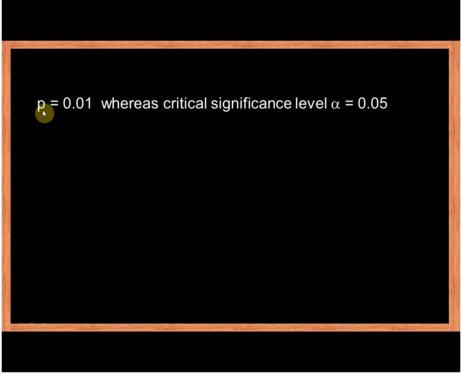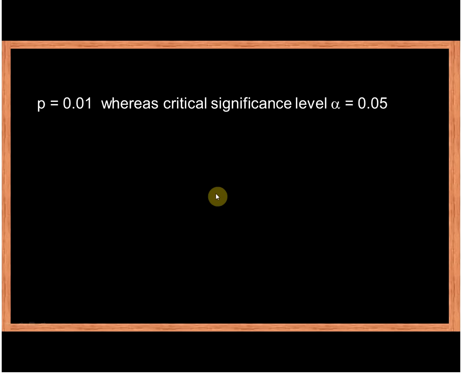Our p-value was 0.01. But the critical significance level, alpha, is 0.05. That's 95%. And we know that if the p-value is smaller than the critical significance level, it is very unlikely that this result occurs just simply due to sampling error.